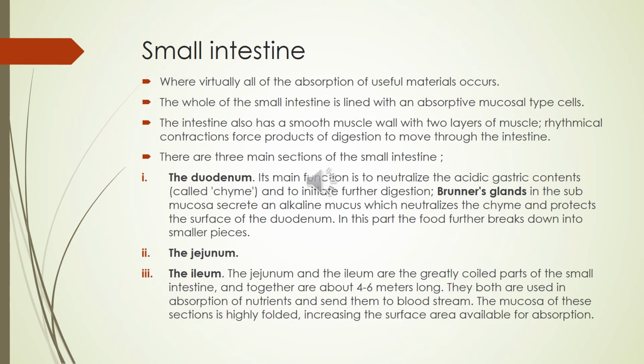They release secretions which help to make the food content more refined, so that it can move to the next part or undergo the digestive activity quite easily. So the Brunner's glands, present in the submucosa of the small intestine, secrete an alkaline mucus which neutralizes the chyme and protects the surface of the duodenum, and in this part the food further breaks down into smaller pieces.